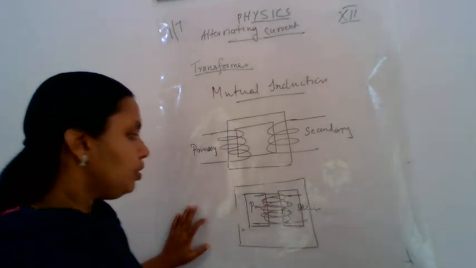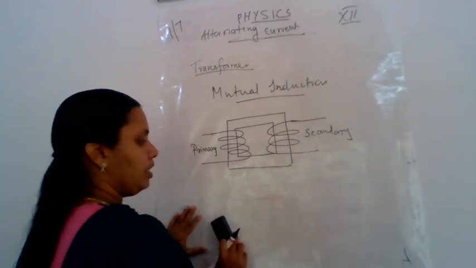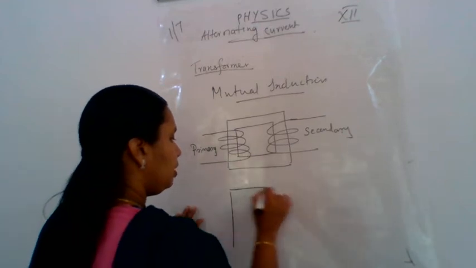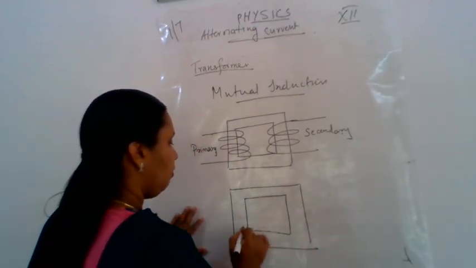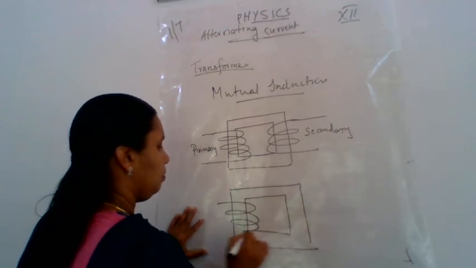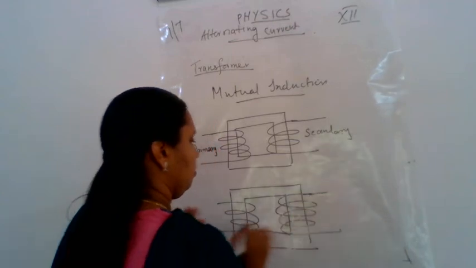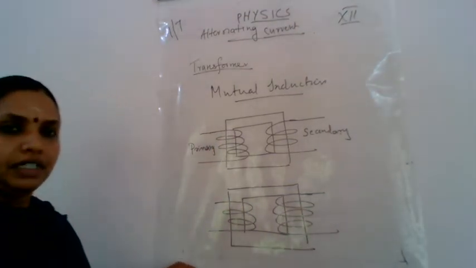And according to the action, we will move to this type of transformer. According to the action, there are two types of transformers. Like this. Here you can see the difference, isn't it?